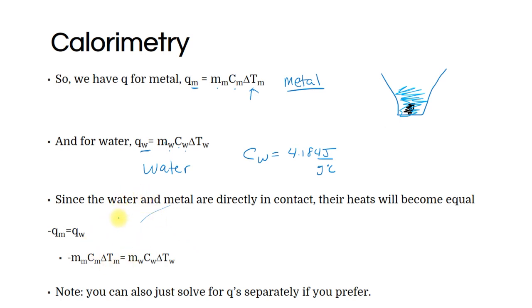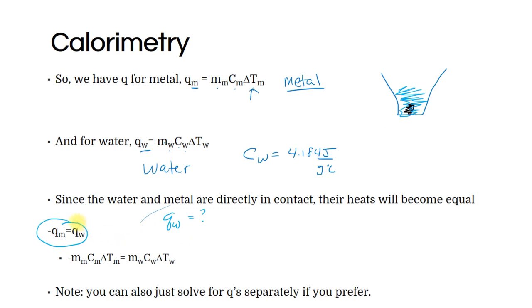Which would allow us to calculate how much heat was involved in the process. So basically we're going to find QW. That's our goal. Once we do, we can use this relationship. If I know QW, it's going to be the same value as QM, but QM will be negative.